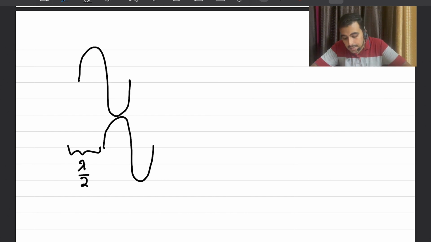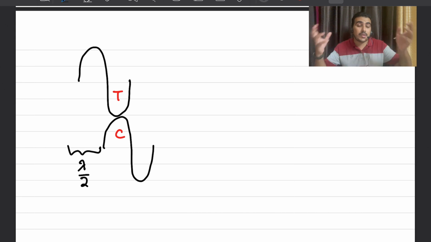That means it's basically starting from the mid of the first wave. So what will happen? You can see the trough of the first wave meets the crest of the second wave, and thus you get a dark band. A destructive interference pattern is obtained.